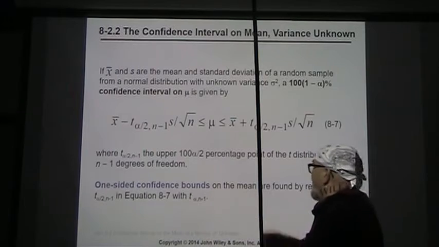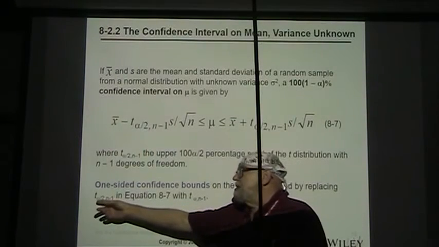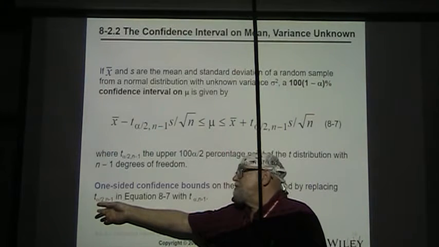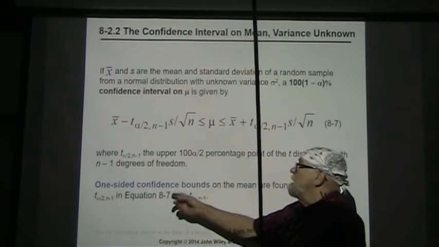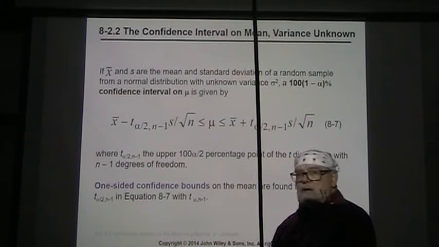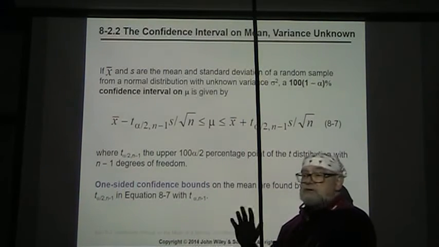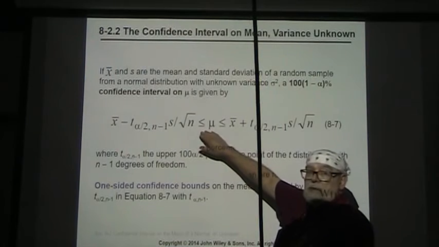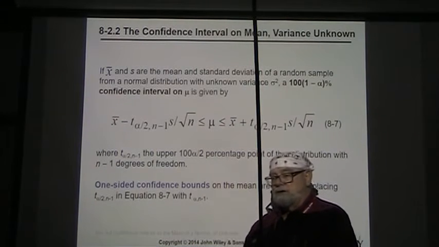One-sided confidence bounds on the mean can be found by replacing t alpha divided by 2 with n minus 1 degrees of freedom in this equation with t alpha and n minus 1 degrees of freedom. Okay, so it's not huge and mysterious. This is very much like exactly what we have been doing with the standard normal distribution.